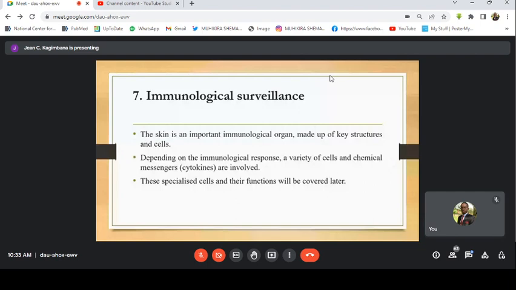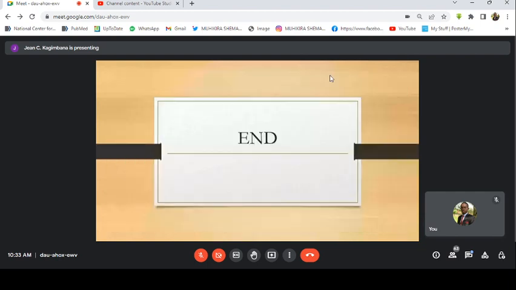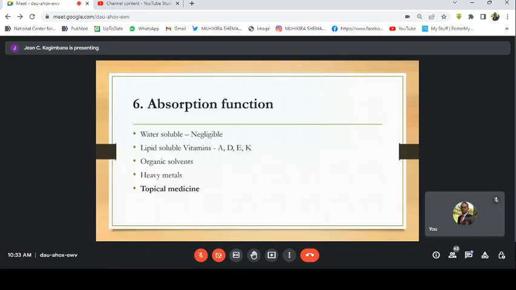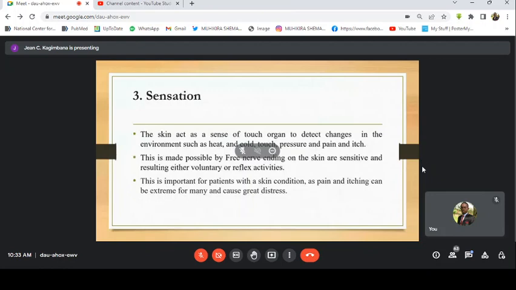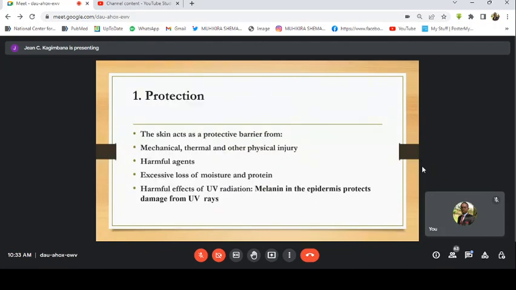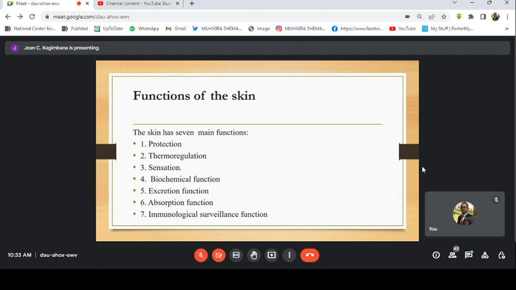Any question? I always give this in my tests. Just retain the 7 functions of the skin. They are very important. This is a summary. You can read further on Google.